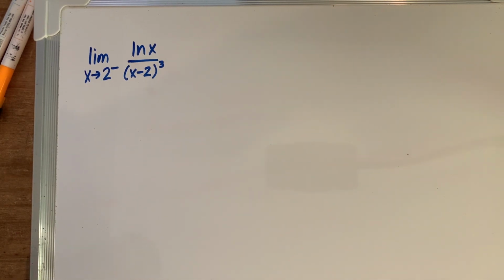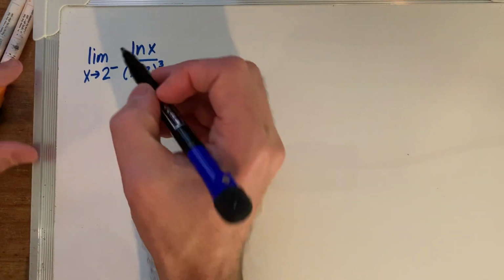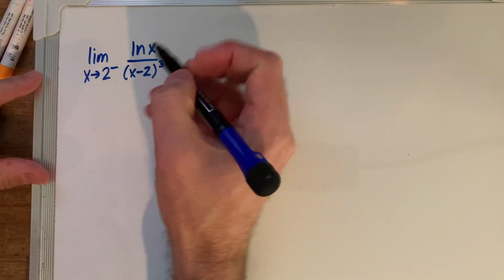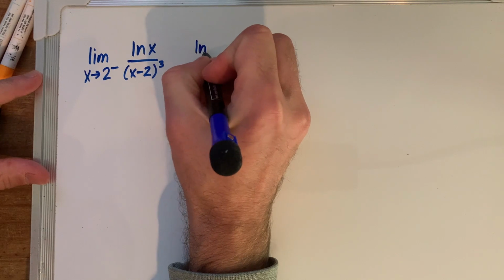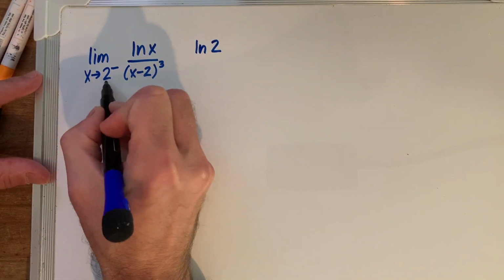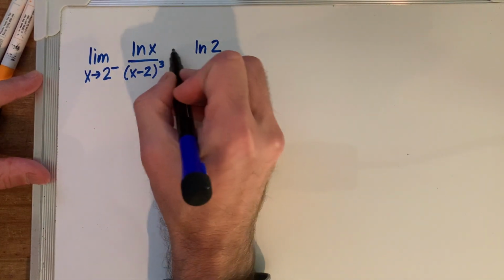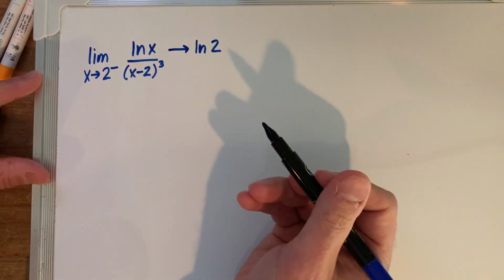And it involves a little bit of critical thinking here, that if I take the natural log of 2 here in the numerator, as I'm approaching 2 from the left, this numerator is going to go towards the natural log of 2.